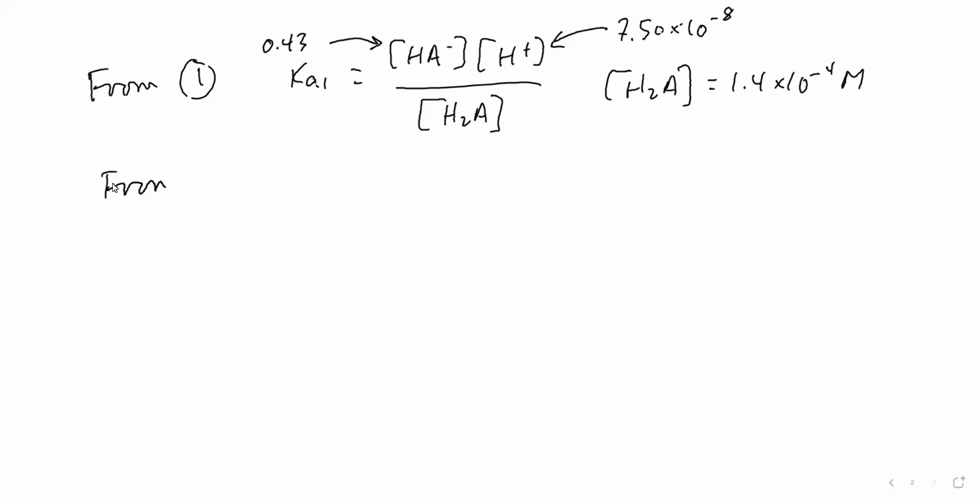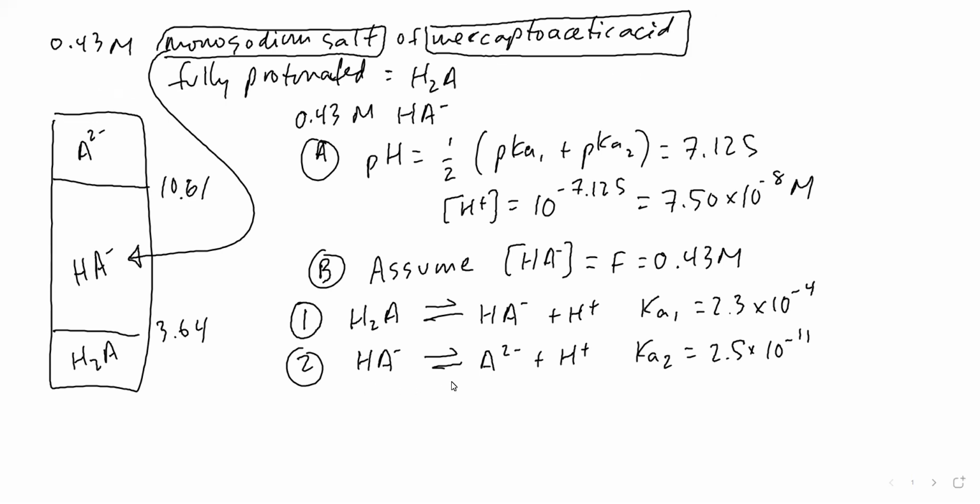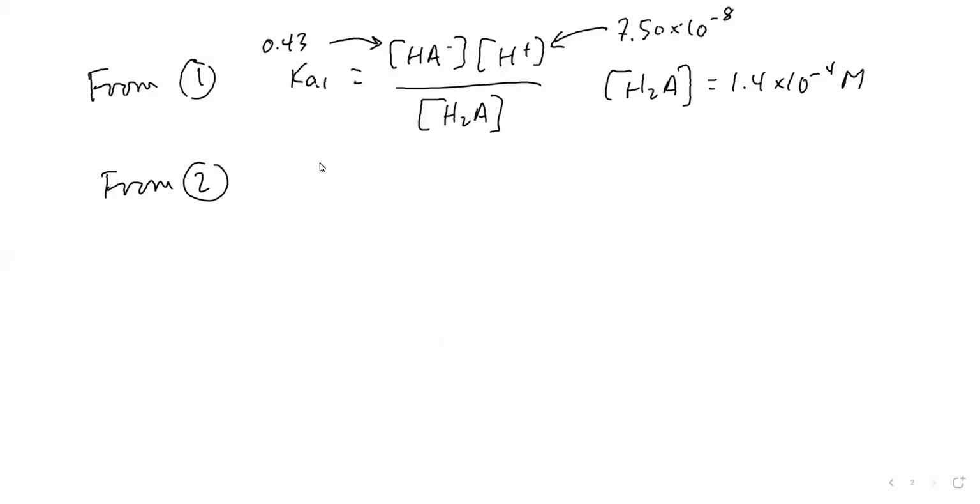From the second dissociation, through Ka2, we know the H plus concentration and the HA minus concentration, which will be in the denominator. We know Ka, and then we can calculate the concentration of A2 minus. Ka2 is the concentration of A2 minus times H plus, all over the concentration of HA minus.